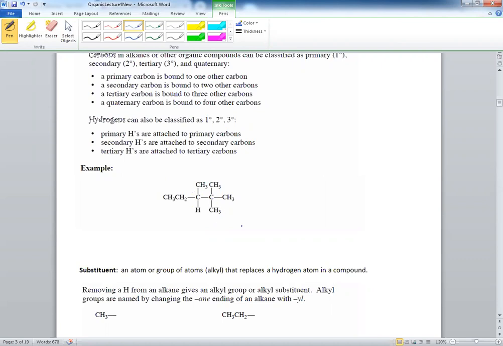So if we start, this carbon right here is attached to 1 other carbon, so this would be a primary carbon. This carbon is also a primary carbon. It's only attached to 1 other carbon. And that one as well.